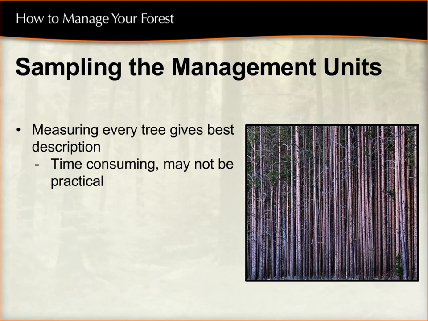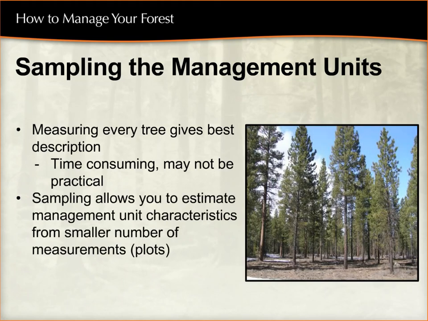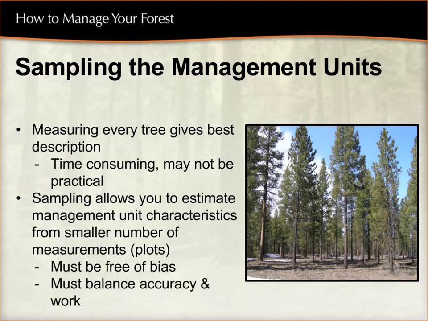A sample will give us an estimate of whatever characteristic we're interested in measuring. Now, it's important that when we're sampling something, that sample has to be free of bias, and we want to balance accuracy and work. In other words, we don't want to spend too much time measuring every tree, but we want to make sure we measure enough trees so that our estimate is accurate.